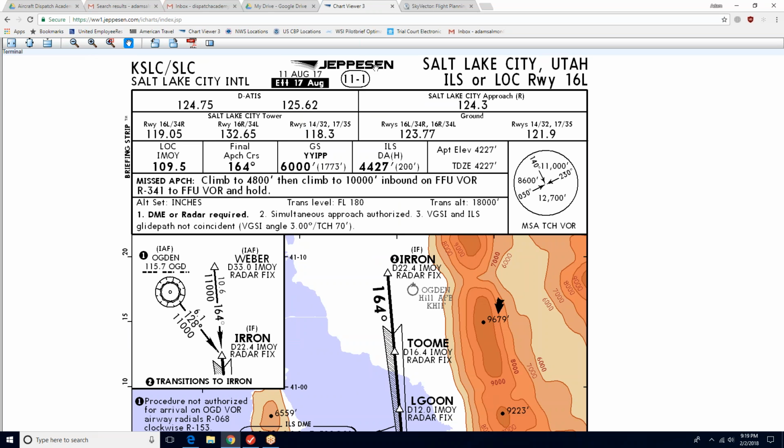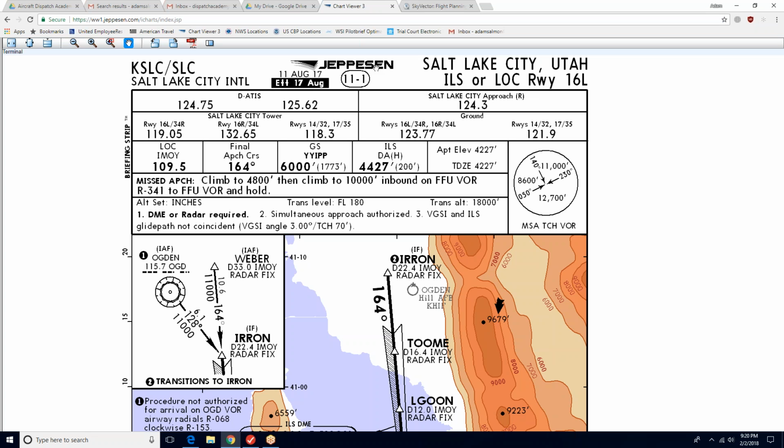In this class, all of the instrument approaches that you look at will always be Jeppesen. So you don't really need to worry too much about seeing the other ones unless you want to look at them and compare the differences. The best thing is to not worry about confusing yourself between the two types of charts.